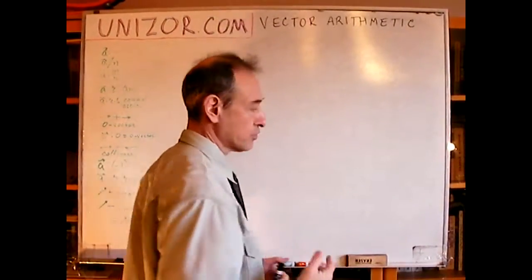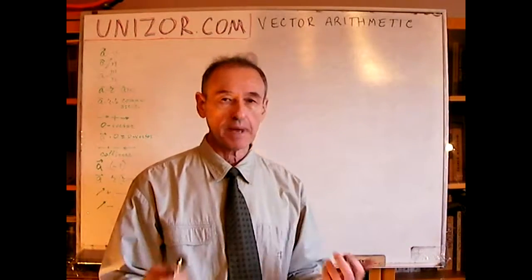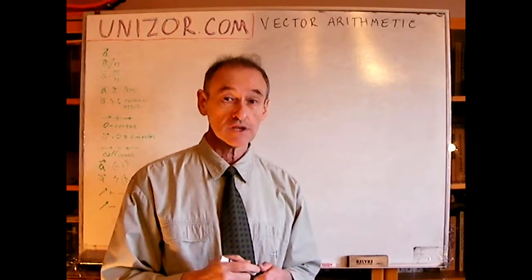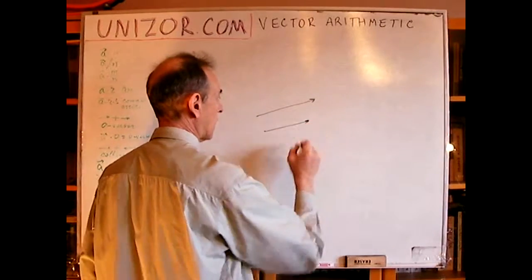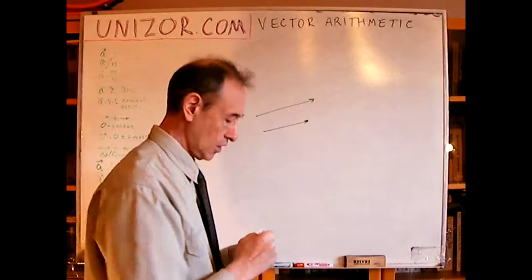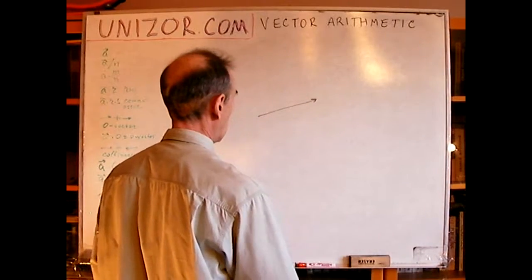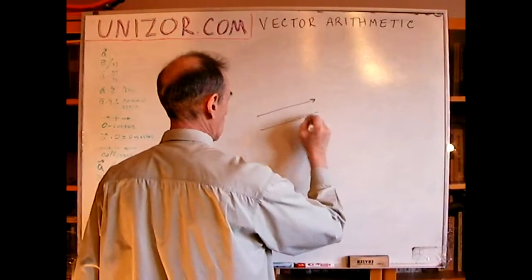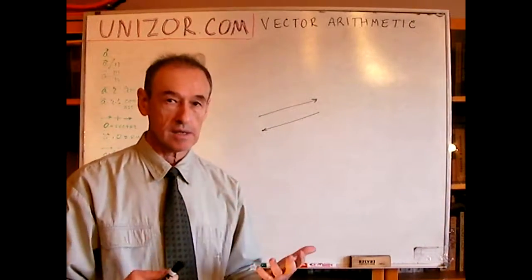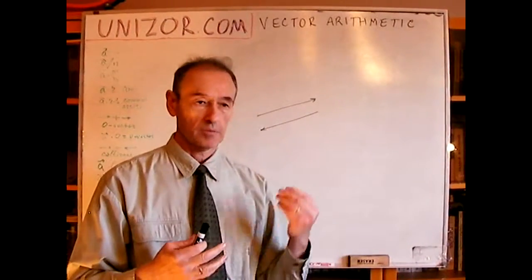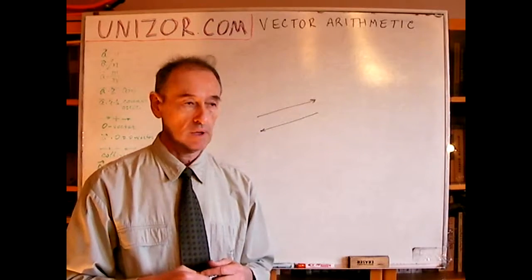Now I would like to say the following. I would like to expand my definition of addition from identically directed vectors to oppositely directed vectors. Let's think again about what vectors mean from the physical or mechanical sense.